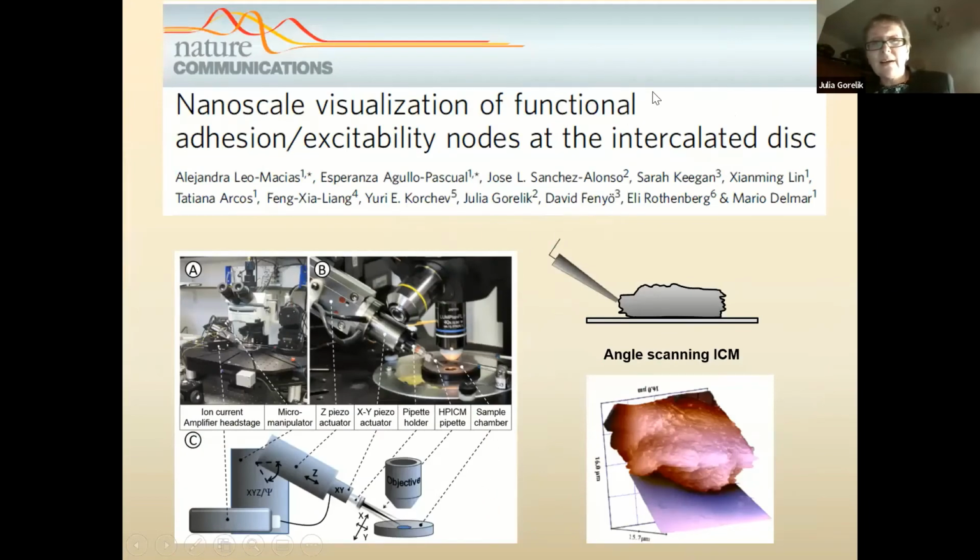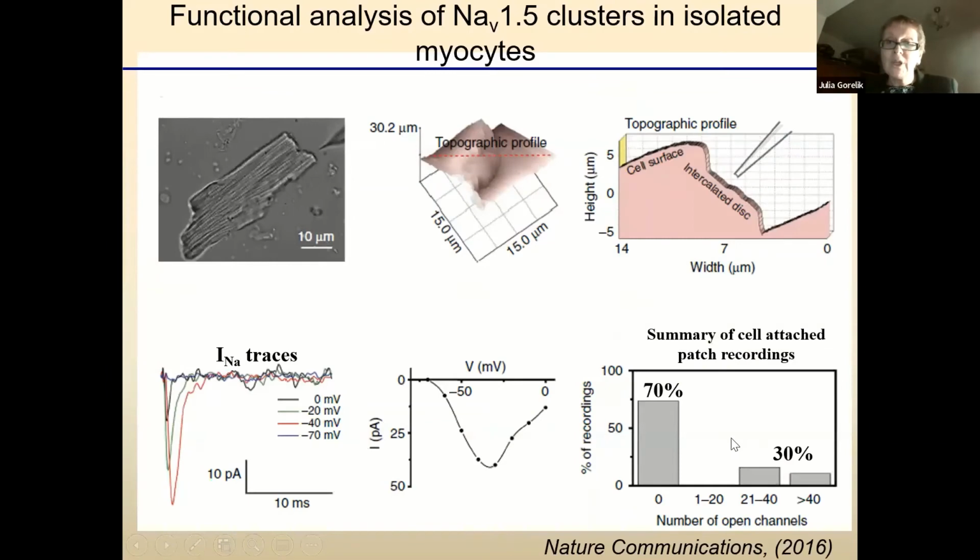And this is my old paper together with Mario Delmar, because this is the first time we used our angle scan, and we found nanoscale visualization of functional nodes in the intercalated disc. In this study, we checked the sodium channels in the intercalated disc of cardiomyocytes, and we found that all active sodium channels are in big clusters.